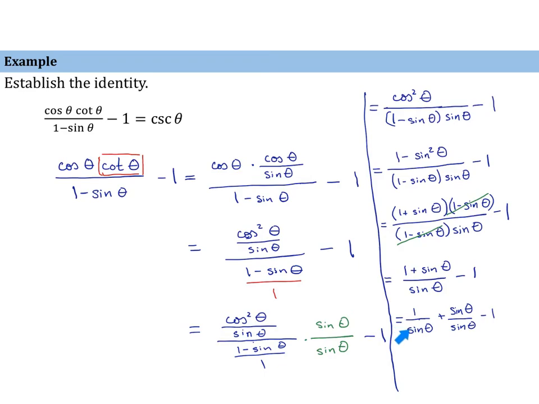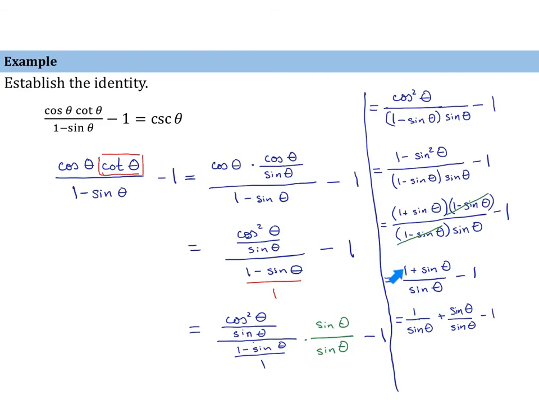Let's go backwards. I have two fractions here that have the same denominator of sine of theta. I can add the numerators, 1 plus sine of theta. And this subtraction of 1 just coincides with the subtraction of 1 that we had. So I really just split up the numerators over a common denominator. You cannot do this if it's a numerator that you're trying to keep the same and a denominator split up.